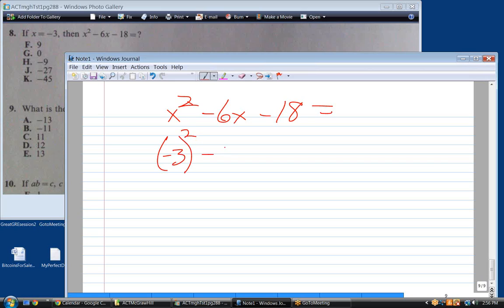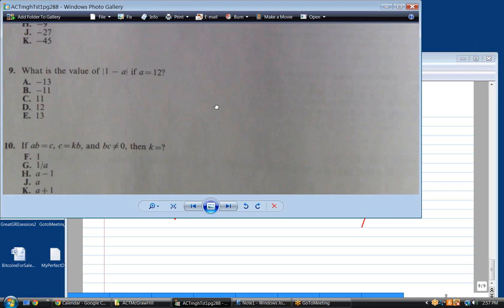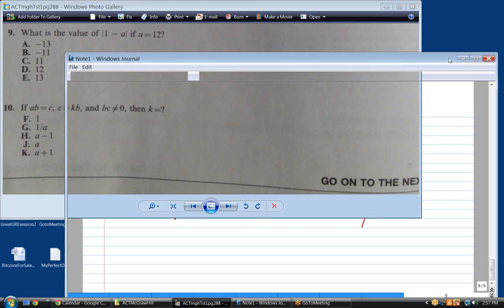In other words, write it out like this. Then the next step is 9 plus 18 minus 18 equals 9. So yes, 9 is the right answer. But don't try to do the whole thing in one step. Okay.